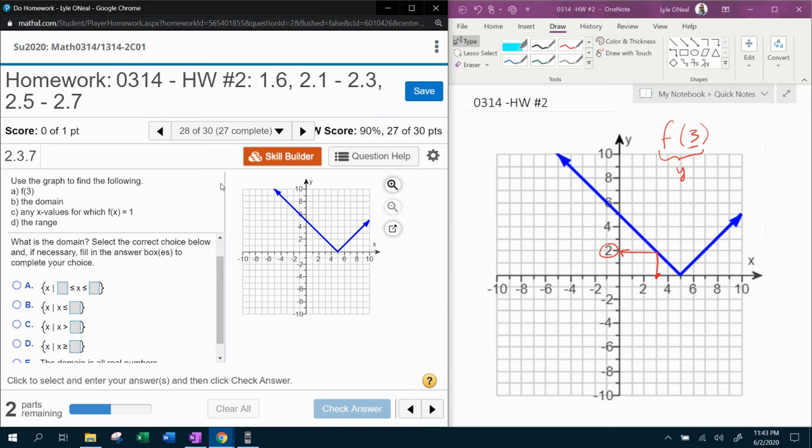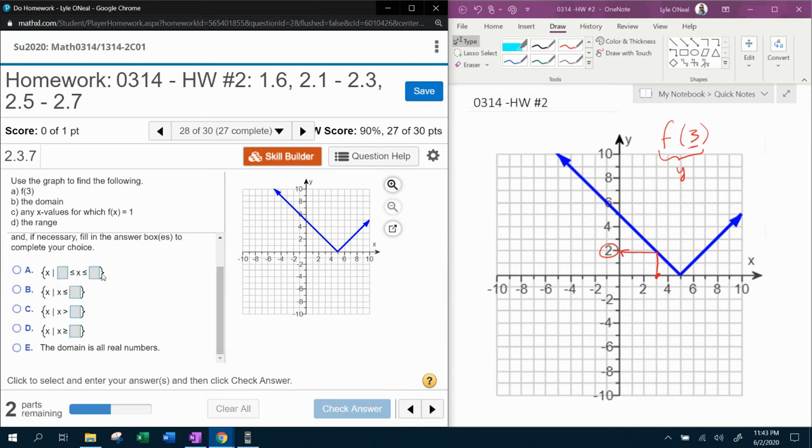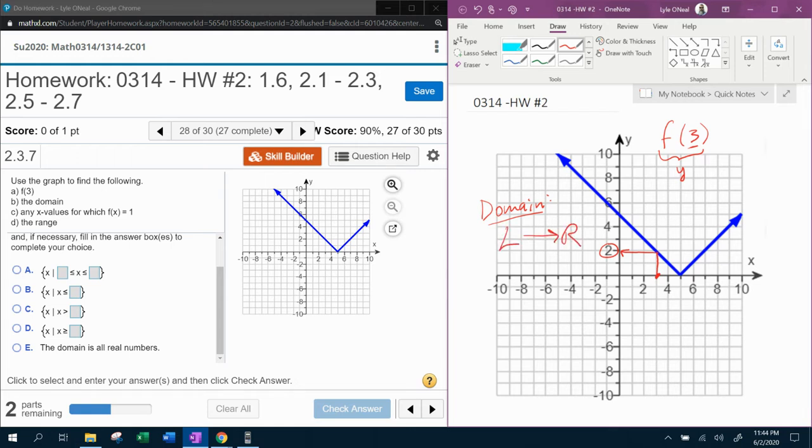Next, the domain of the graph. And here we have several answer choices. We need to know that the domain are the values that x can be. And to find the domain, given a graph, you always read the graph from left to right.